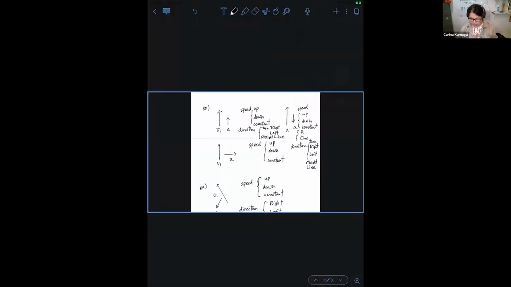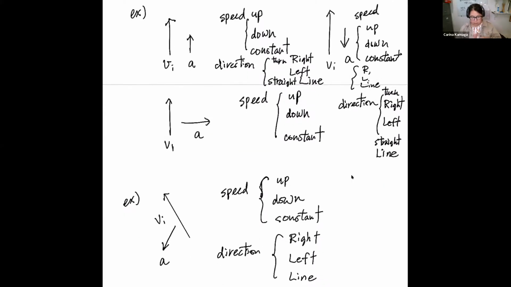Let's go back to this one then. Let's do this first example. If you have a velocity that's pointing upward and acceleration is in the same direction, so acceleration is parallel, right?